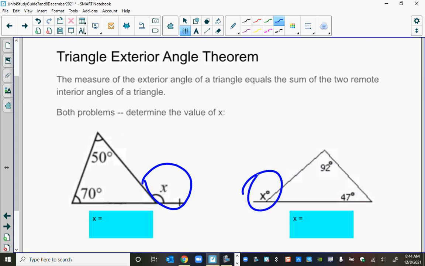There are two ways you can do it, and this is the quickest way. If we add the two inside angles, what's 70 and 50 going to give us? 120. Is that all we need to do for this problem? Yeah, that is all you need to do. X is going to be 120.